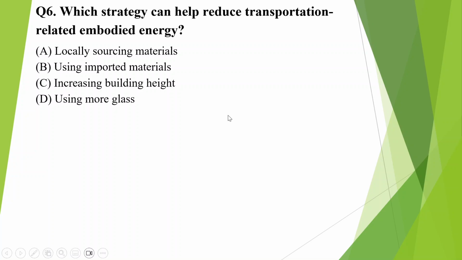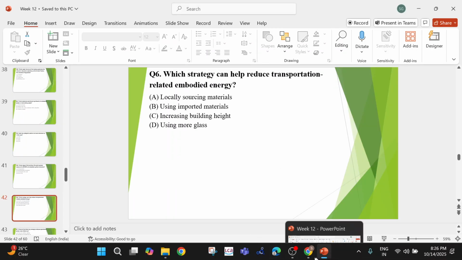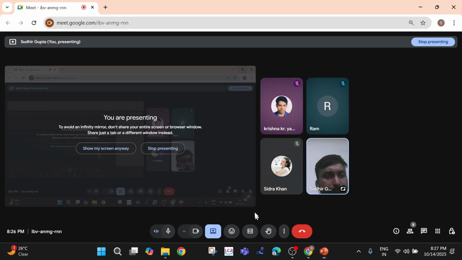Question number 6 was about which strategy can help to reduce transportation. It's a very straightforward question. If you don't want transportation, then you will focus upon locally sourced materials to reduce the transportation or the associated emissions. So 6A is the correct answer.